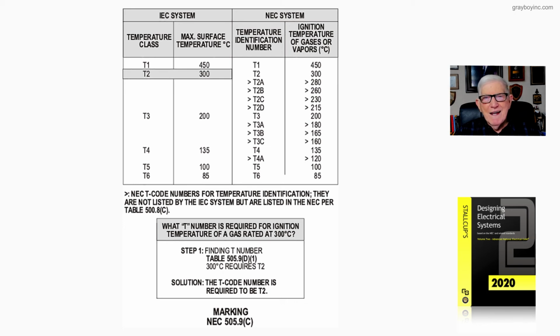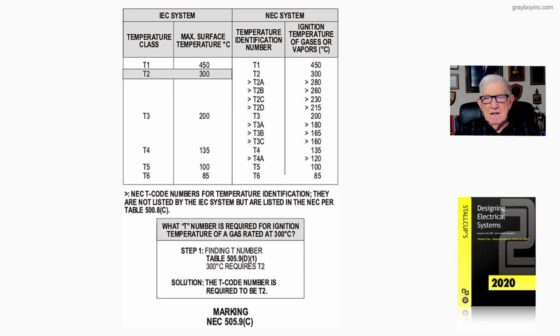But if we're selecting using the NEC system and we want 300, see, we could drop down to a T2A, which is 280, and we're below that. We have to be below it because this is the 80% rule here, see. So when I say 80%, we're not exceeding 80% of the ignition temperature of the gas or vapor, as illustrated in NFPA 497, table 4.4.2.